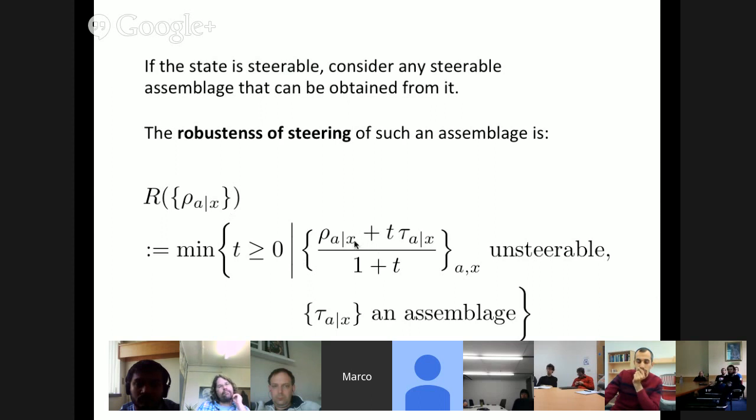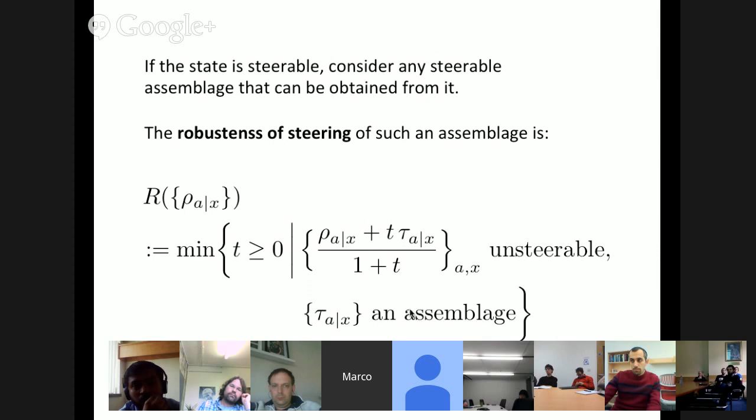What we are going to do is to mix it with another assemblage, considering the minimum addition of this kind of noise so that the resulting assemblage is unsteerable. That means with the resulting noisy assemblage, we will not be able anymore to conclude that the original underlying state was entangled.